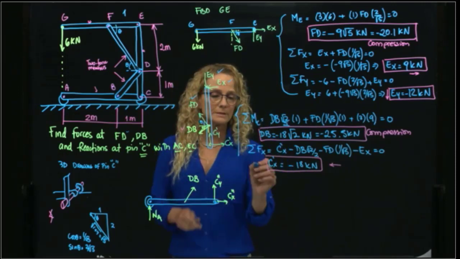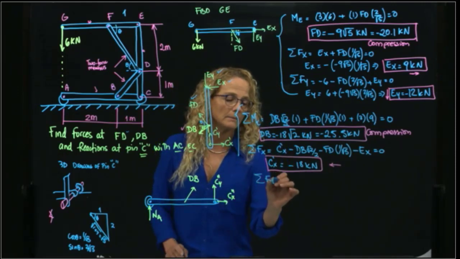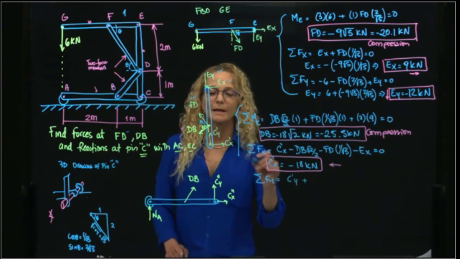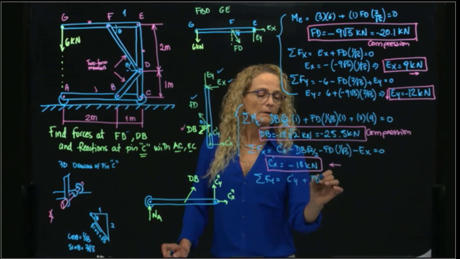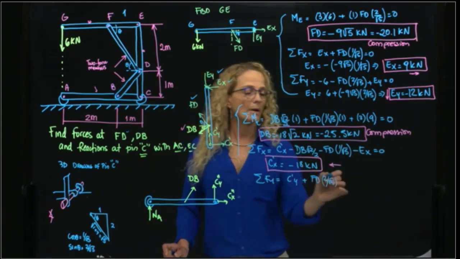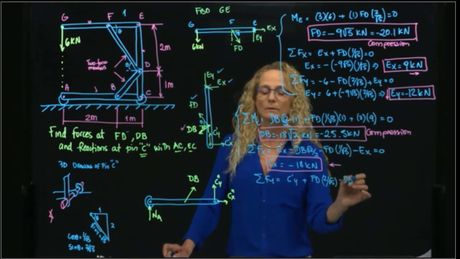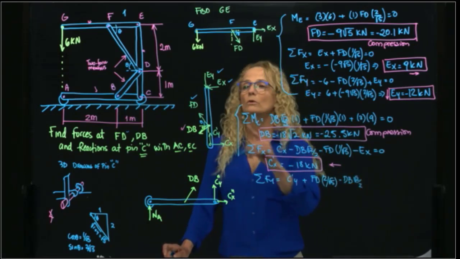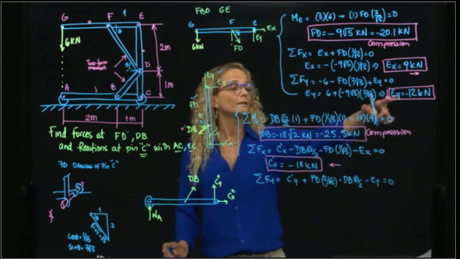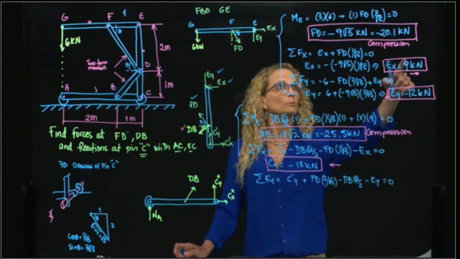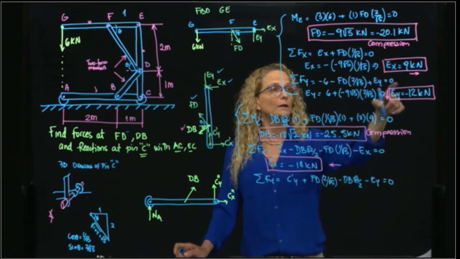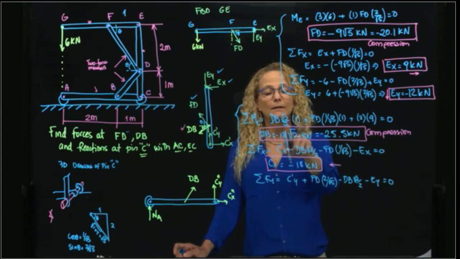And I add forces in Y, and I get Cy prime plus Fd 2 over square root of 5 and minus dB square root of 2 over 2 minus Ey. So be careful, you have to plug in the negative 12 over here, you have to plug in the negative 9 square root of 5 over here, and you have to plug in the negative 18 square root of 2.